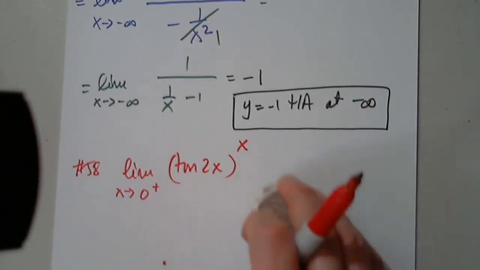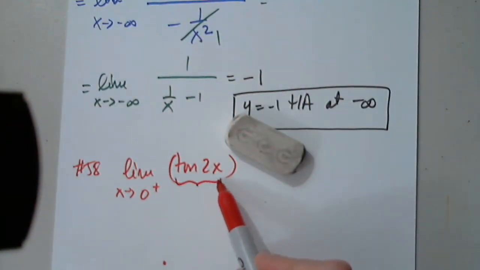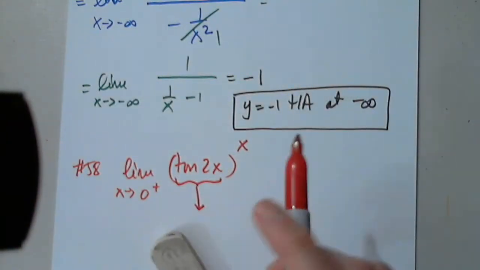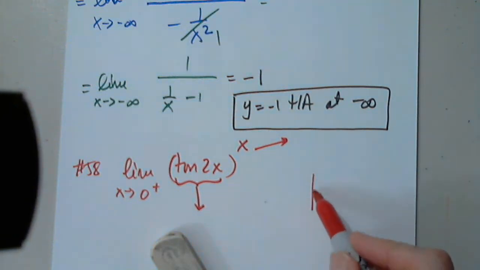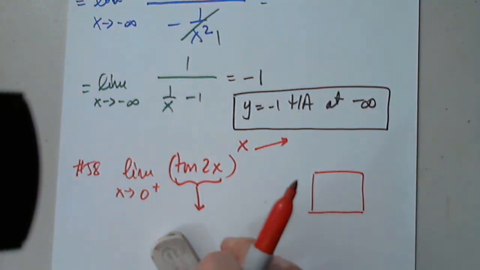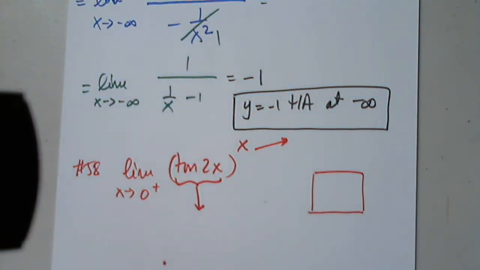So we start from the inside. Where is this going? And then where is this going? Because we need to identify the type of indeterminate case we're facing here. We don't know what it is yet.